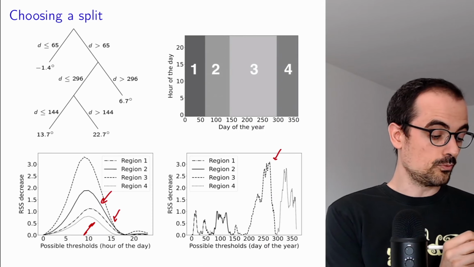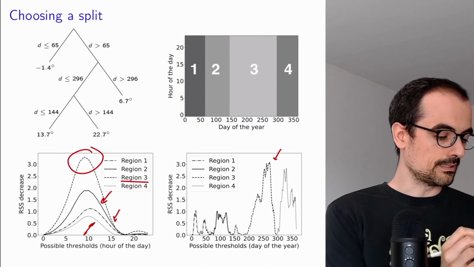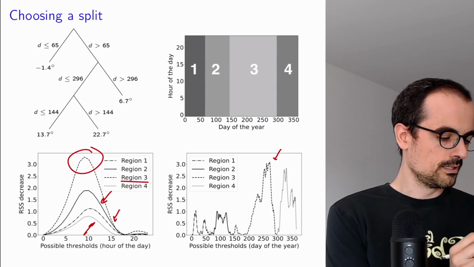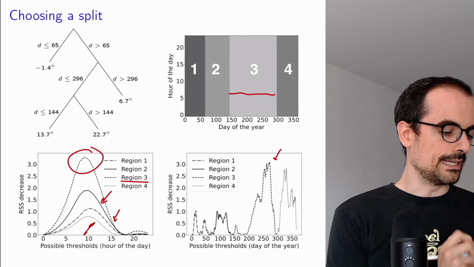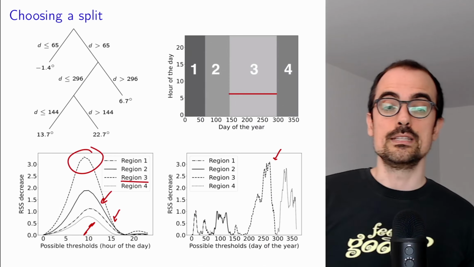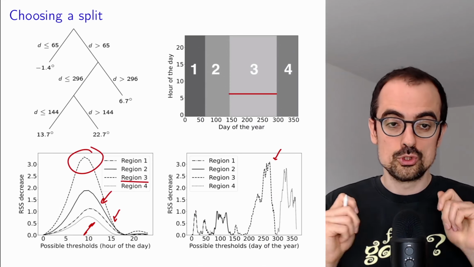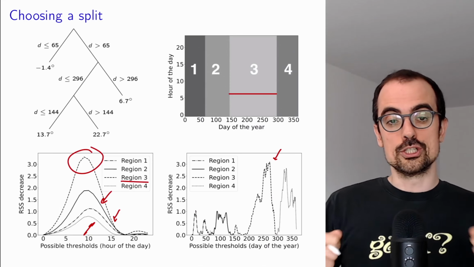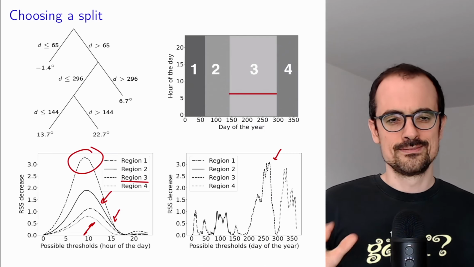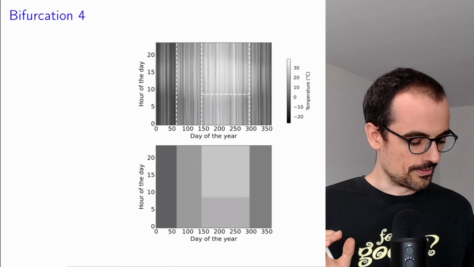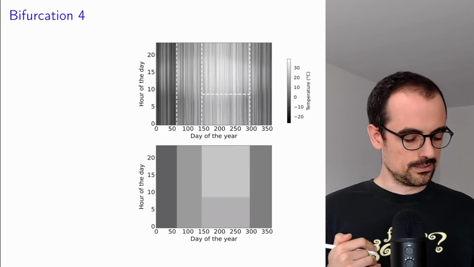But if we split region 3 according to the hour, and we split it at hour, I think it's around 6, so roughly here, then we do get a greater decrease in the residual sum of squares. So our greedy scheme is going to choose to split region 3 according to the hour and using a threshold of, I believe it's 6 or around that. Okay, so that's what that split looks like.